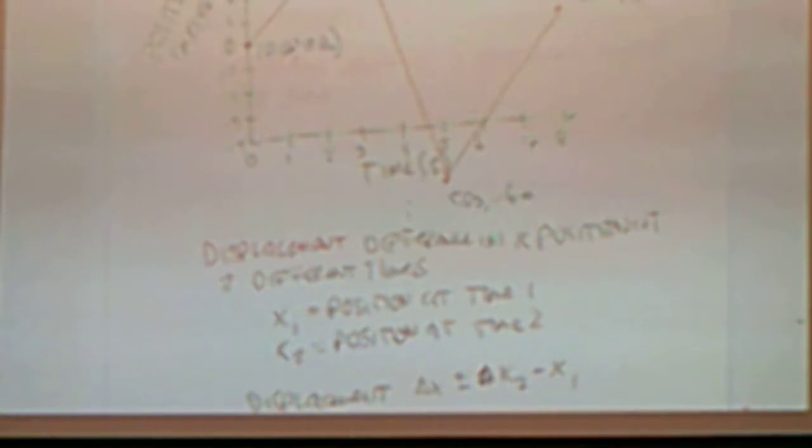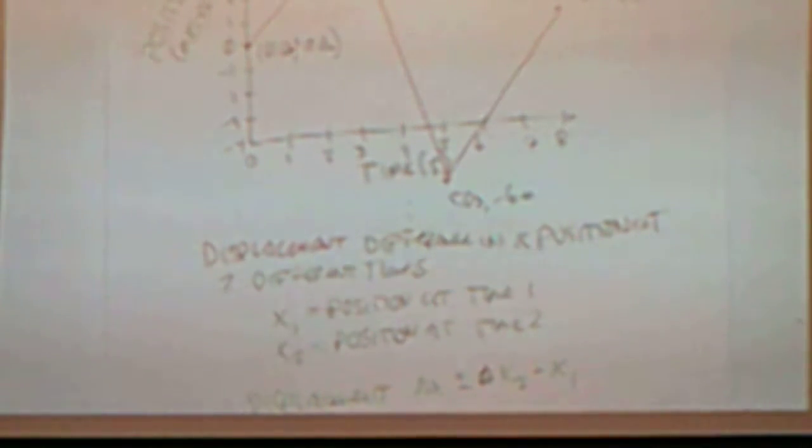Well, at time 0, we're at position 0. And at time 8, we're also at position 0. So displacement is 0 in this case, and so the velocity is also going to be 0. The average velocity, all that time I was walking around the stage, is 0 because I'm not talking about the net displacement in this case. It's just the total difference in position.